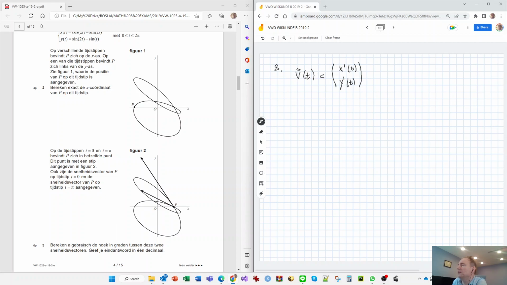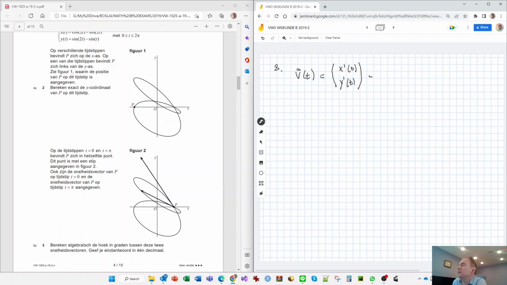So like this. You can see each is like, well, velocity or speed is distance over time. So you get the derivative of x by t.